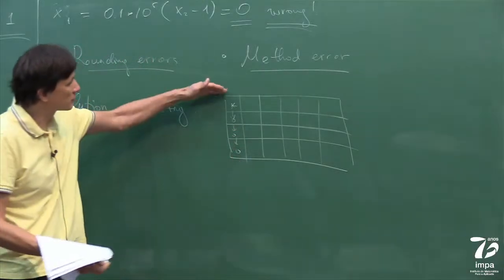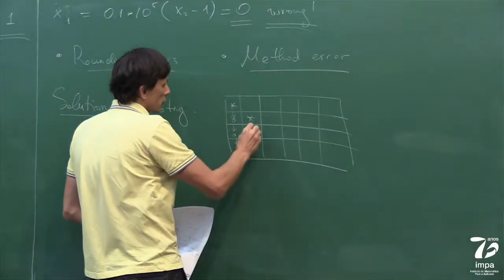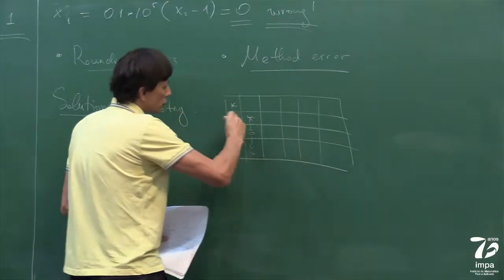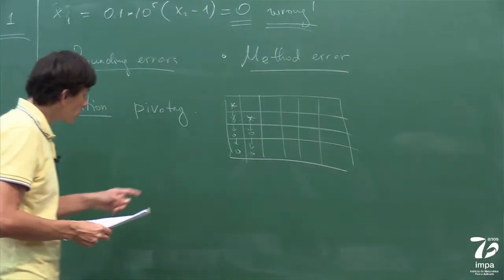So you eliminate by subtracting. Then you take the other element, and you eliminate the others, and so on until you get the upper triangular matrix. So these are pivots.